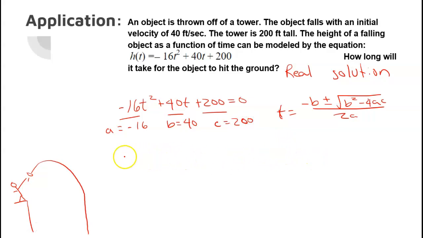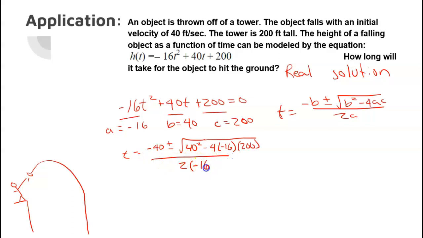And now we're just going to plug it in, and t is going to be equal to -40 plus or minus the square root of 40 squared minus 4 times -16 times 200, all over 2 times -16. And that's going to simplify.